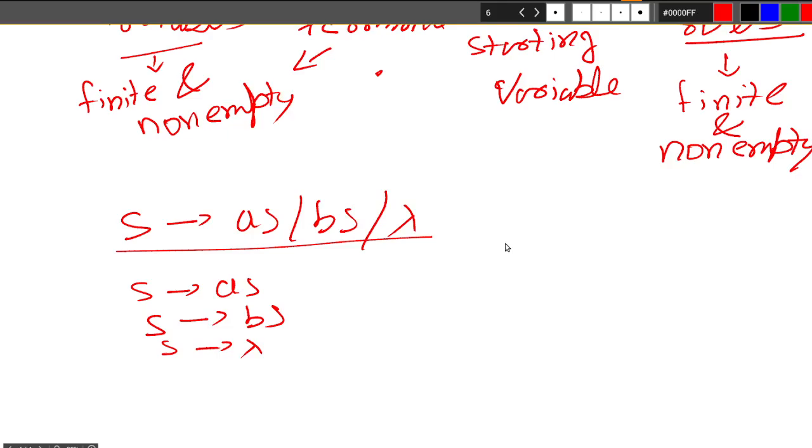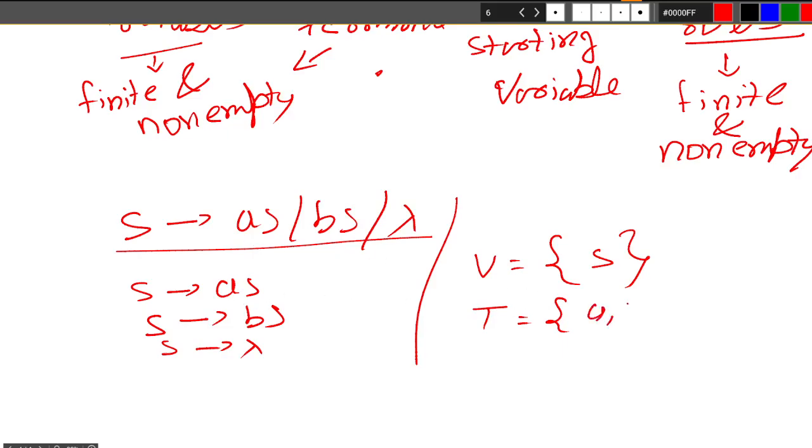So in a grammar, suppose you have just these three things to say, you can have the set of variables as S, set of terminals as a and b only, and the starting symbol is always the S variable.